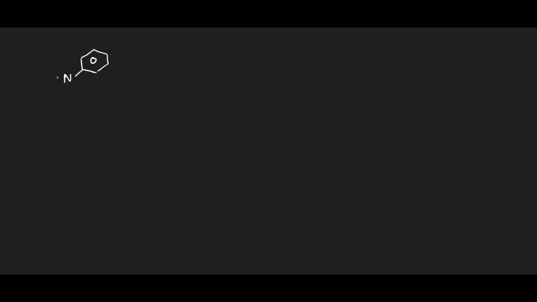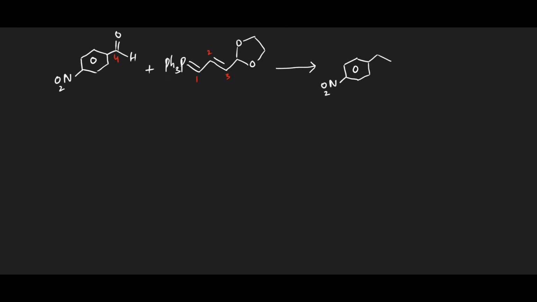Consider the reaction of this nitrobenzaldehyde with this ylide, which has an acetal group at the terminal carbon. This indicates a masked or protected carbonyl. We can assign numbers to the different carbons. The product is formed by forming a double bond between the carbon marked as C1 of the ylide and C4 of the aldehyde.